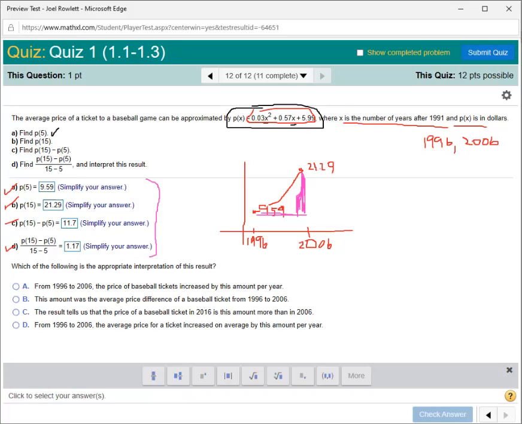So what do we think the answer is? Do we like on average? Or do we like increased by this amount? Well, remember, even though the graph is quadratic and it's curved in red, since we're only looking at 2 points, that's going to give us the slope, right, between these 2 dots here. And that's going to be the average change in price over 10 years. So I like part D.